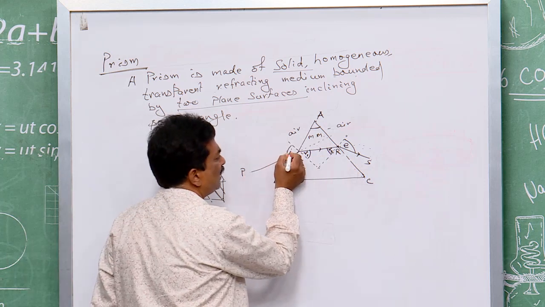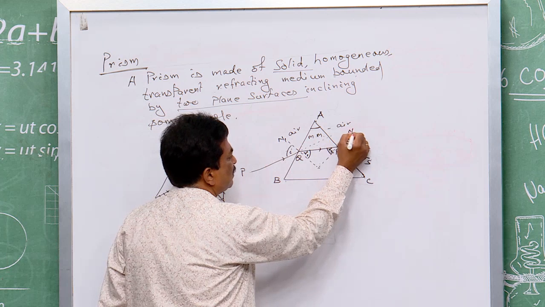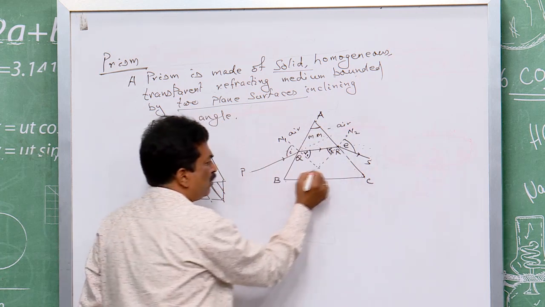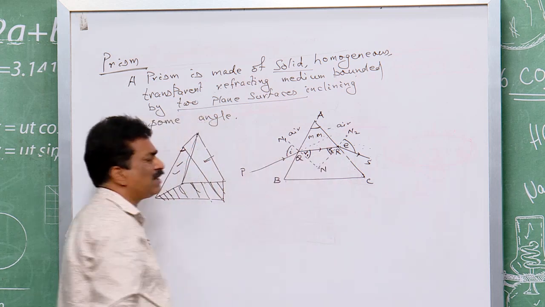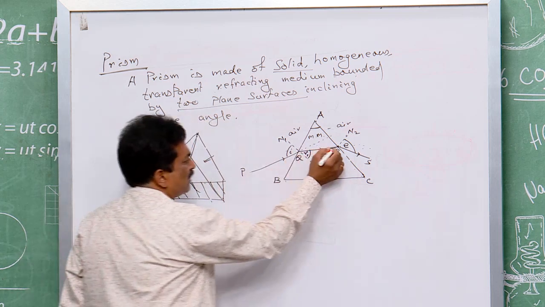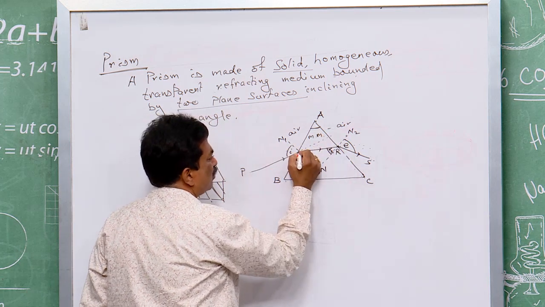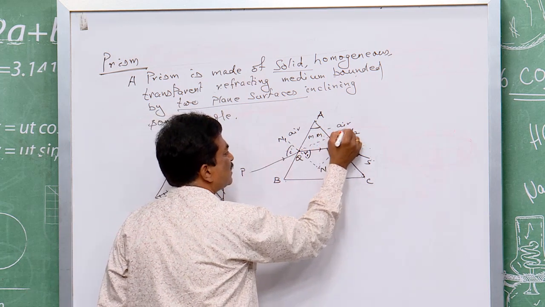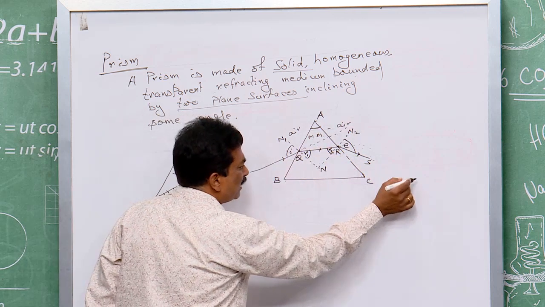This is the angle of incidence, this is the first normal, N1, this is the second normal, N2, and the two normals meet at a point, let us say N. This is the final ray and this is the initial ray. If the initial ray were to pass straight, it would go in this direction, and the final ray goes in this direction.